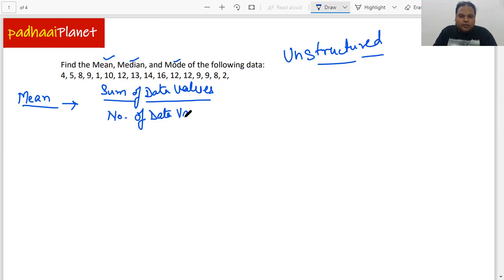Now, if we add up all these numbers which are given here, the sum of the data values comes to 144, and the total number of data values is 16, right? So we'll just check this out also. 4 plus 5 is 9, 17, 26, 37, and 49.